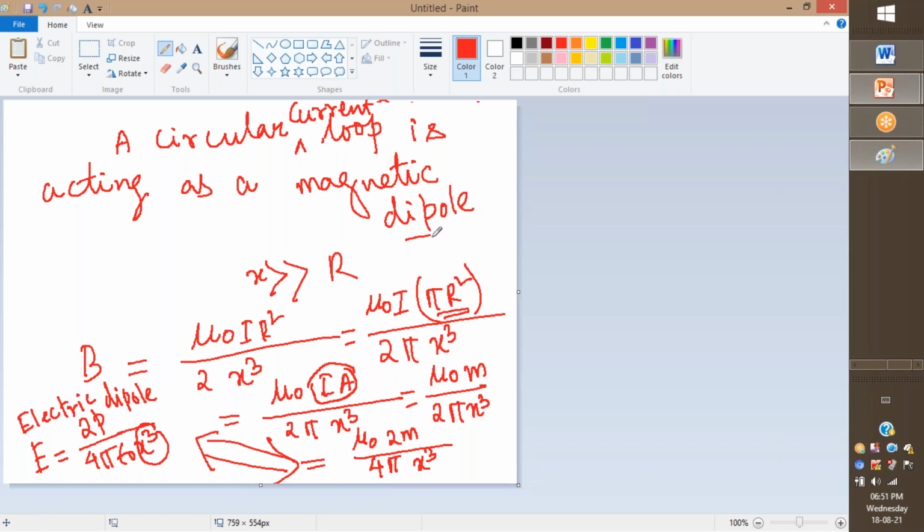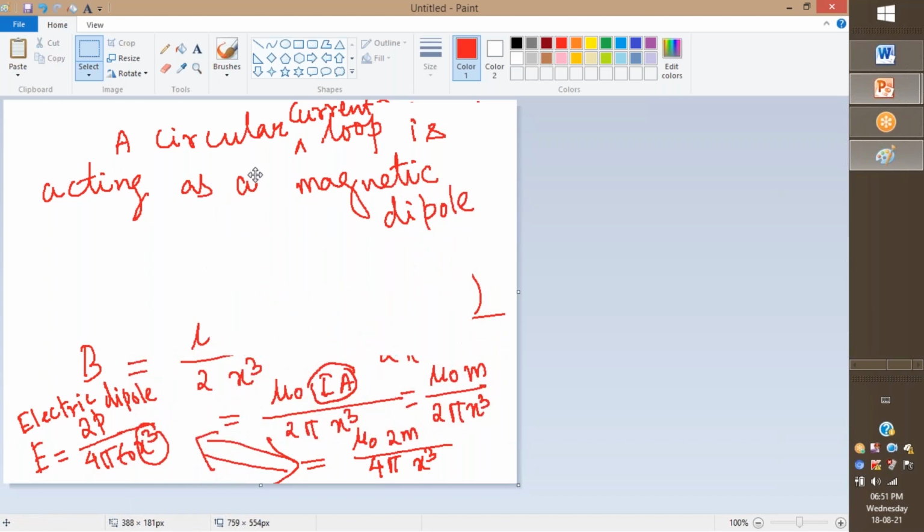Not only on an axial point, from the same analogy, we can find out the magnetic field for a magnetic dipole. A magnetic dipole is denoted by a line with an arrowhead. The magnitude is given by the length of the arrow, and the direction by the arrow.